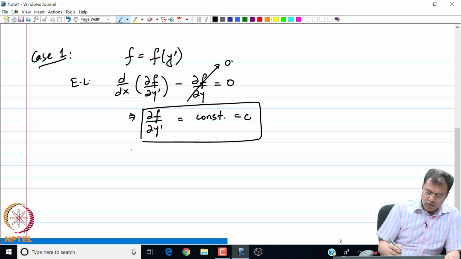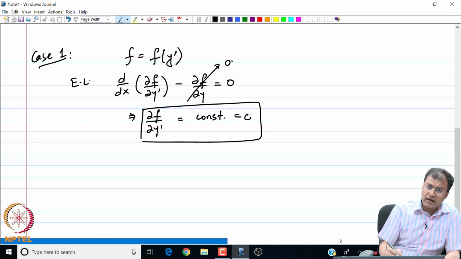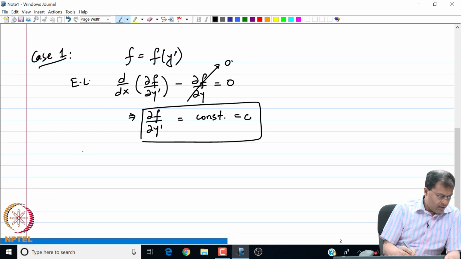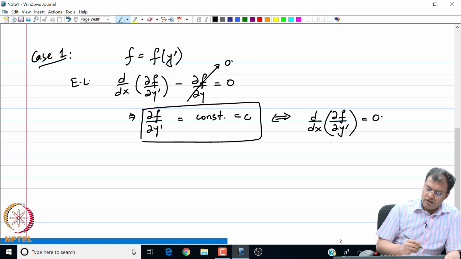So, we could go one step further. We could say that, look, since f depends only on y prime, but y depends on x, right. So, we could possibly use chain rule. So, which means that this equation is equivalent to saying that the x derivative of partial f partial y prime is 0, right.